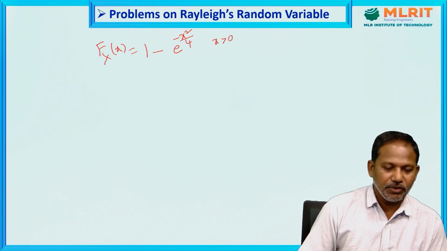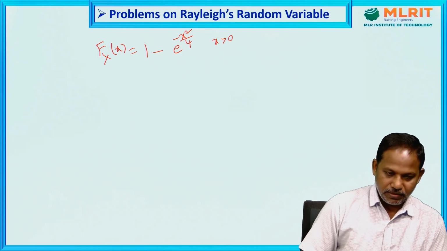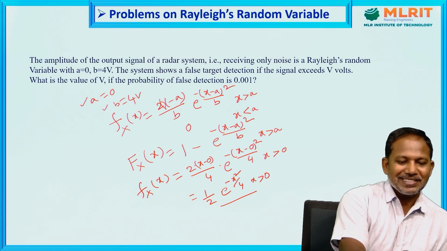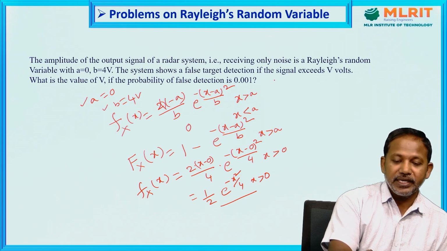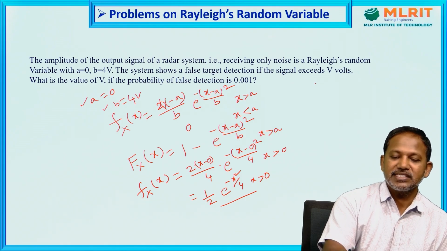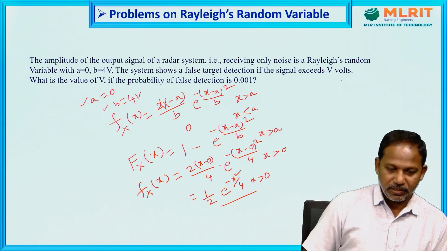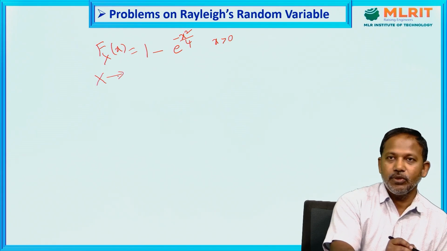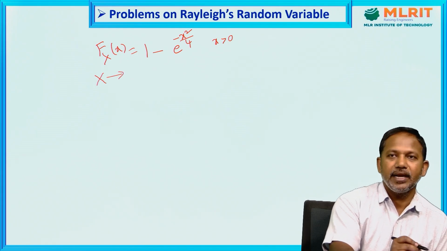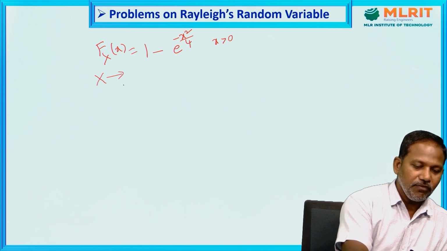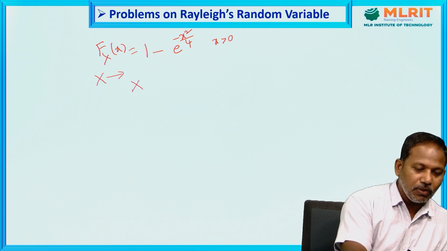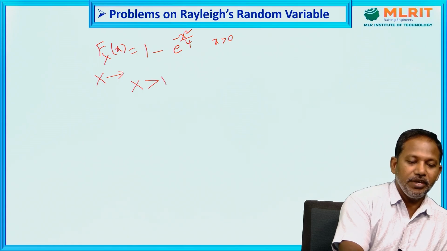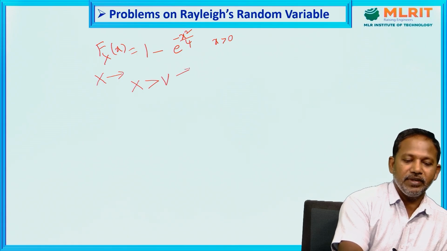Now what I need to find, see here the statement. The system shows false target detection if the signal exceeds V volts. So now my random variable is assumed to be the noise signal voltage, which is my Rayleigh random variable. If the random variable exceeds V volts, then it shows false target detection.